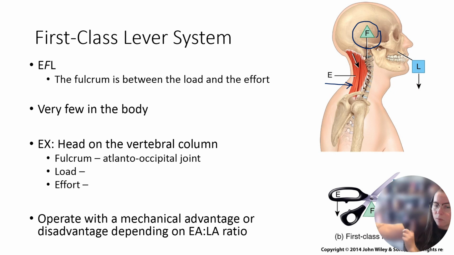And then if we look at the head, this is actually mechanical advantage because the load arm is shorter than the effort arm. It doesn't show very well with this diagram. I'm not really going to make you apply that too much, but it's really just understanding that unlike the other lever systems we have, first class lever could be mechanical advantage or disadvantage. It just depends on the orientation and that effort arm to load arm ratio.